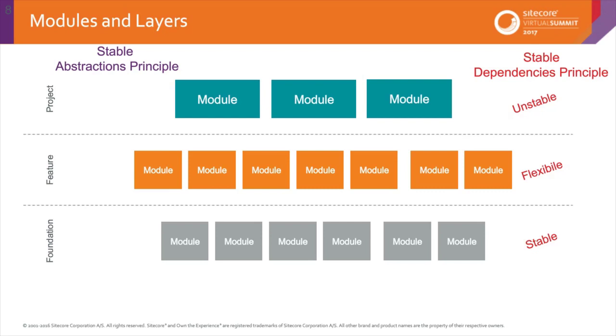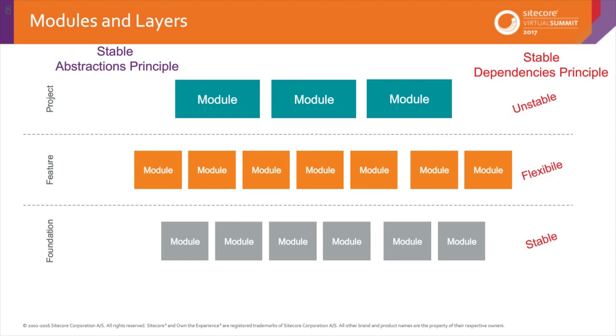So, for example, the composition of renderings and content into a page, into something that gets delivered to the end user, an HTML output. This is as concrete as it gets. This means all your page types, all your page compositions should be on the project layer, because these belong to a specific context.